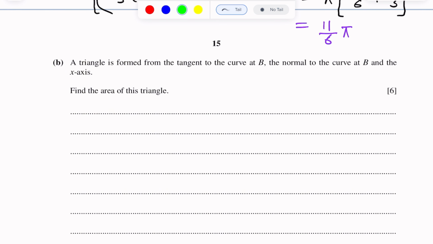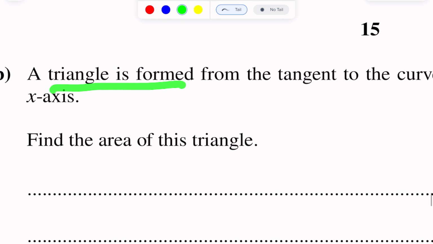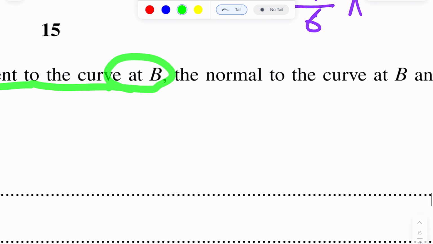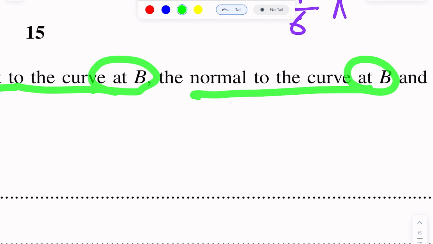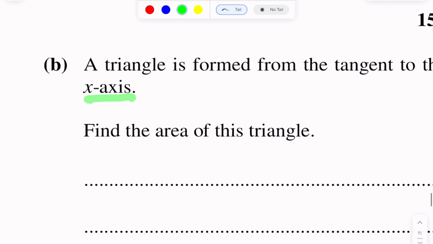So next is part B of this question. A triangle is formed from the tangent to the curve at B, the normal to the curve at B, and x-axis.